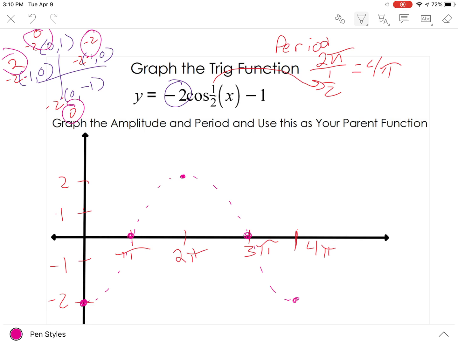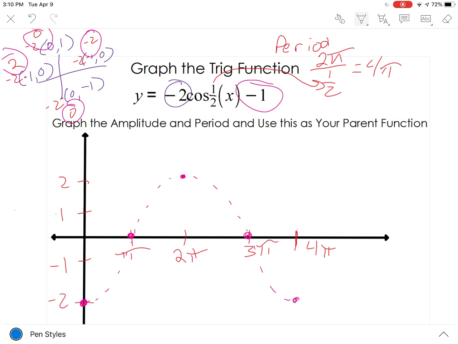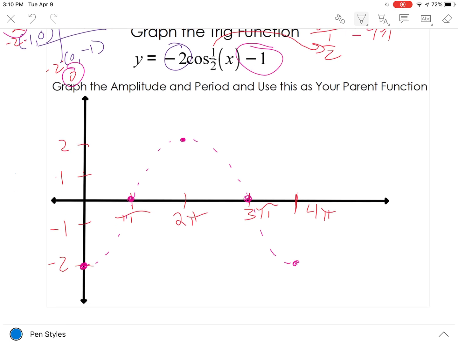Now what this -1 is going to tell me is I'm going to have to drop each of those values down a block. So this would go down to -3. Okay, here is going to go down to -1. This is going to drop down to 1. This is going to drop down to -1, -3.